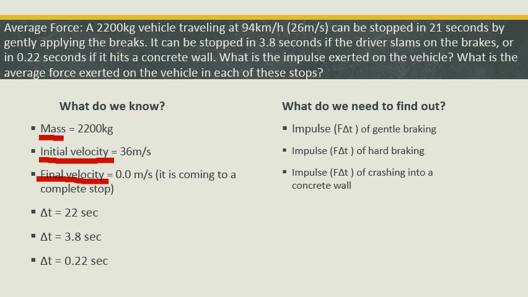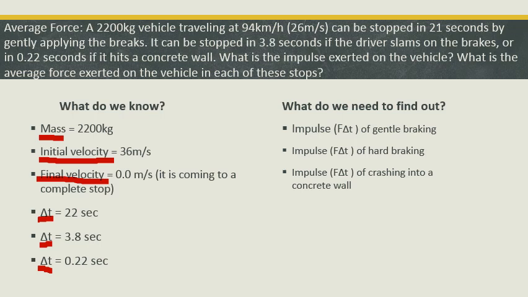And we have 3 different changes of time. We have the gentle braking, we have the slamming on the brakes, and we have, oops, I hit a wall. So what are we actually trying to find out? Well, we're trying to find out the impulse of gentle braking, hard braking, or crashing into a wall.